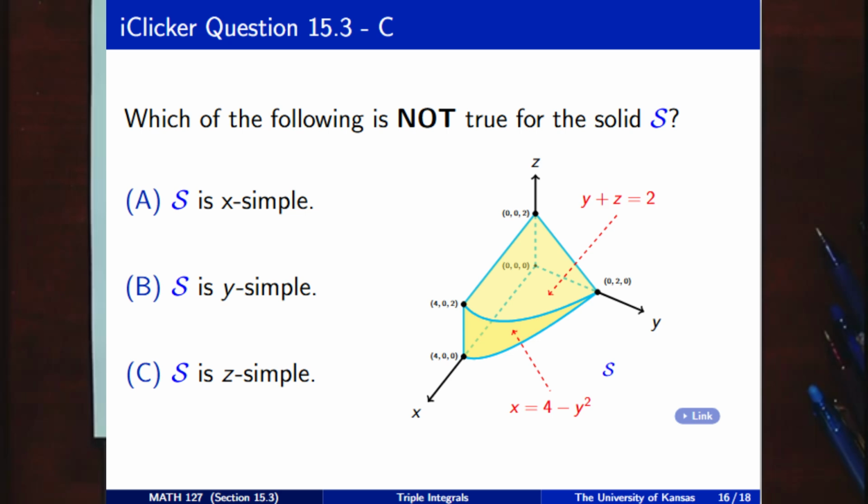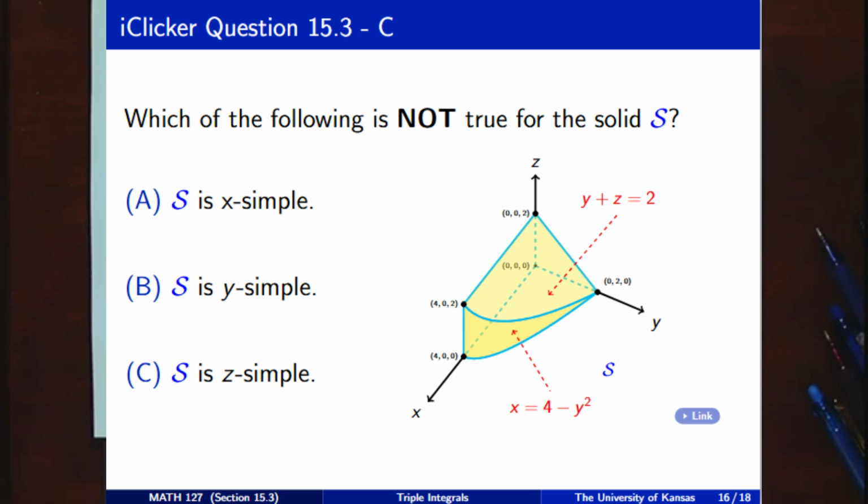Look, what's the question? Do you mean simple as in from plane to plane? It's either from the same plane to the same plane all the time, or from the same curvy surface to the same curvy surface all the time, right? It just doesn't change. So the lower and upper don't change. I feel like the XY plane and then that y plus z equals 2 plane would be the simple way to go about it, right?